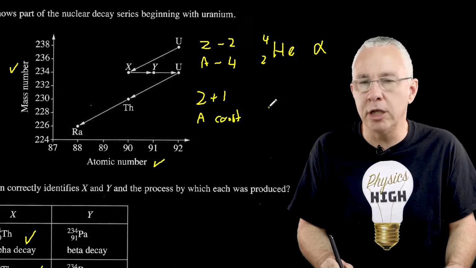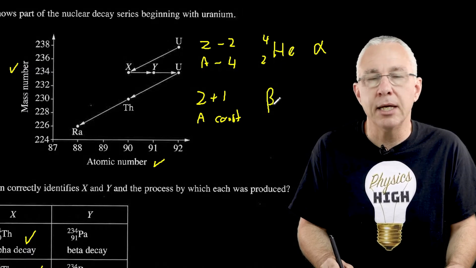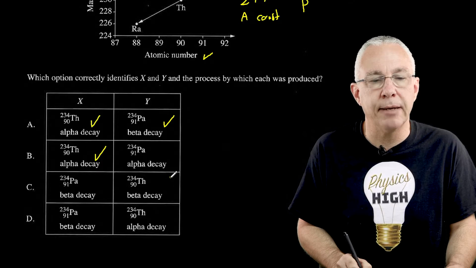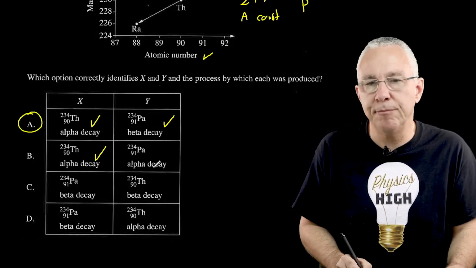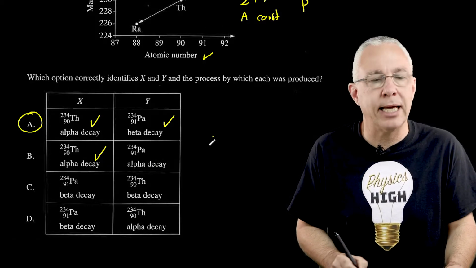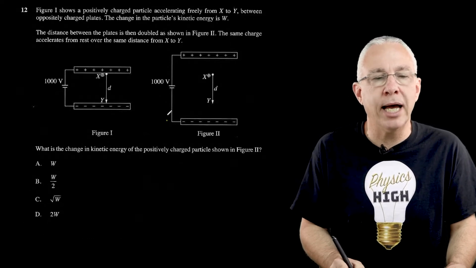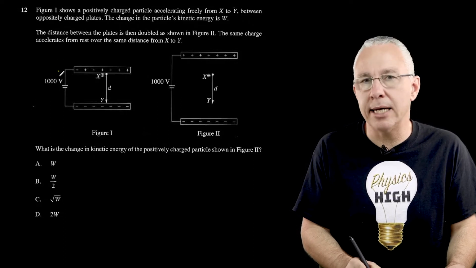And so that can only be explained by the fact that we have beta decay. So when we look at our responses here, we're looking for beta decay, and so there's beta decay. So as a result, our answer is A. You actually don't need to even look at the periodic table, because simply by this analysis you can determine the correct answer.